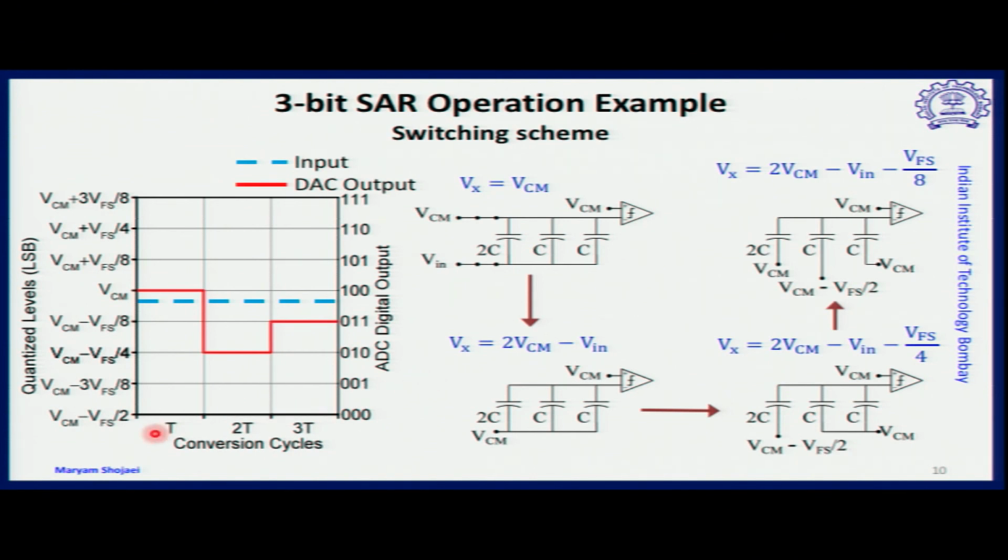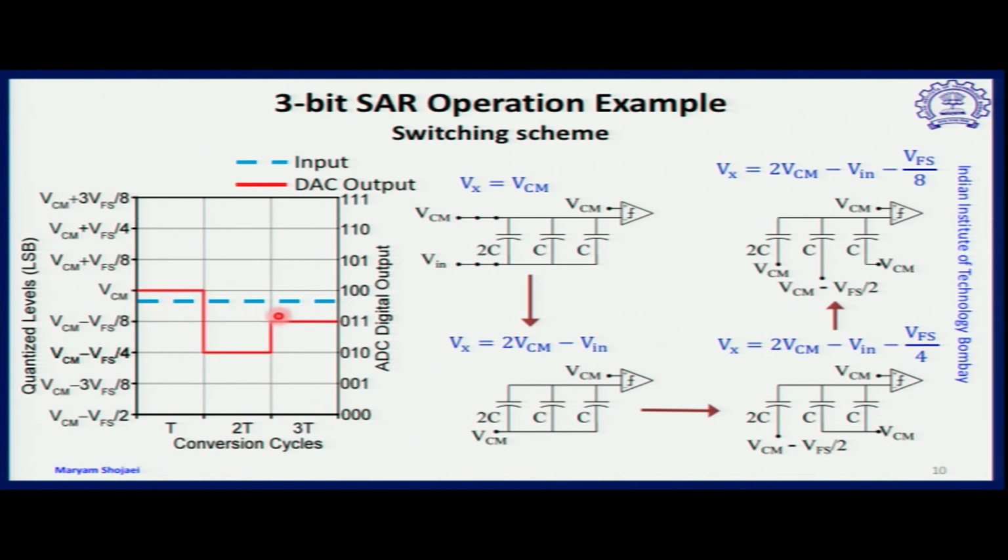On the left side, you see that the common mode levels are not just simply negative to positive, but the common mode level is also included. Therefore, the minimum quantized level is VCM minus V full scale by 2, and the maximum level is VCM plus 3V full scale by 8.